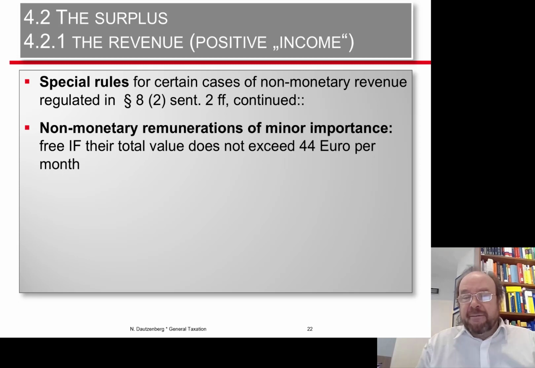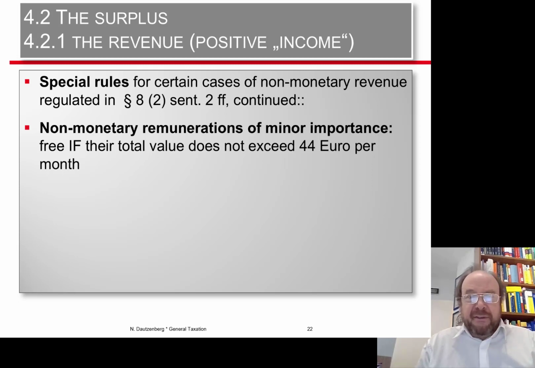Sometimes you have other simplification rules. For example, in Germany, you have a rule that small non-monetary remunerations which you get on top of your usual wage are left out of consideration if they do not exceed 44 euro per month.